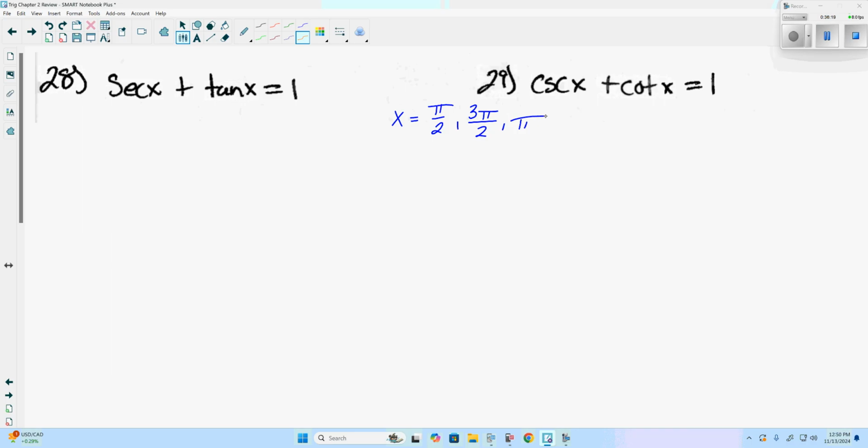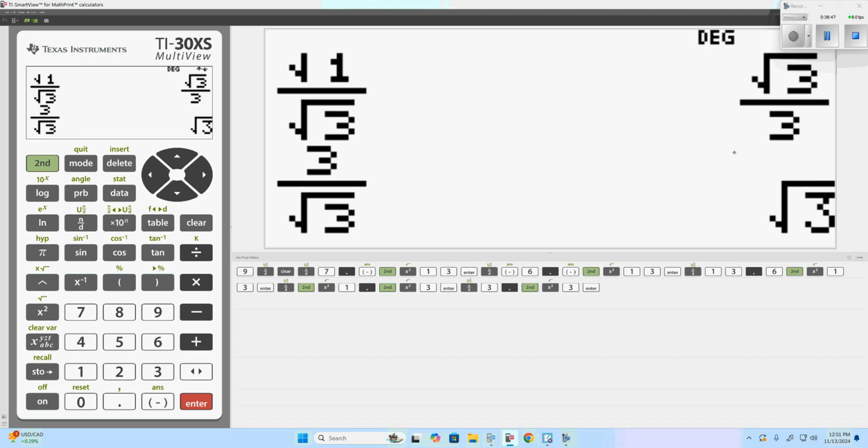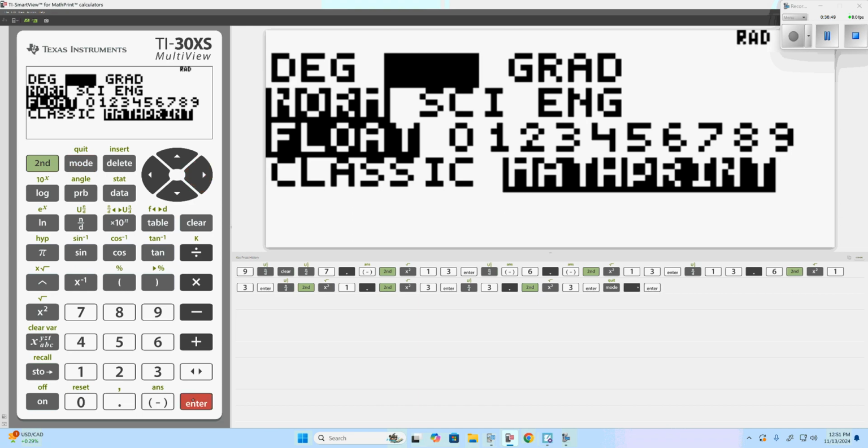Cosecant of x, cotangent. So cosecant of x is our 1 over sine of x plus cosine of x over sine of x, and we're trying to see where this is 1. Make sure that calculator's in radians.